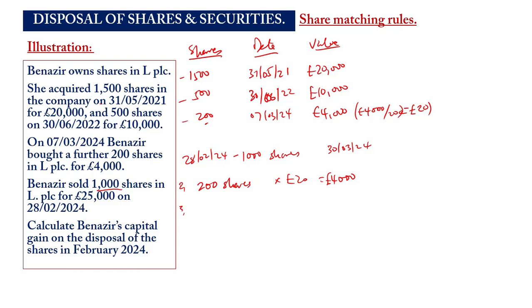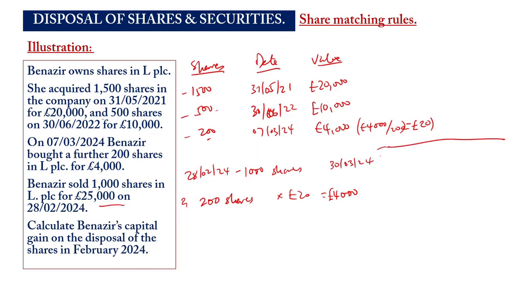Okay. Now we are left with the share pool. The share pool is saying that we don't have any shares bought on the same day as the shares that were sold, and we have handled the shares within the 30 days. So the rest we pool them. Pooling means that we sum them. So we will have 1,500 going at 20,000, then the 500 going at 10,000.